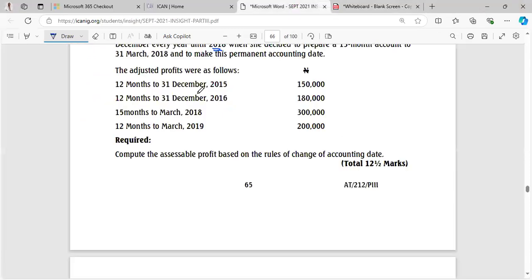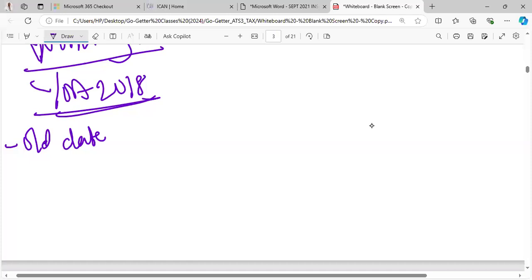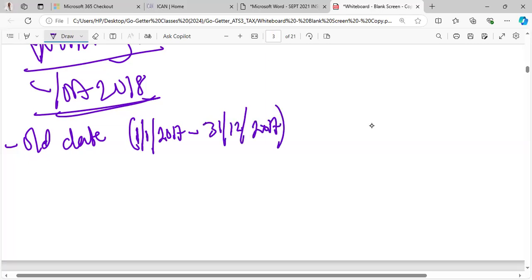Old date is from January to December 2017. So the old date will be January 1, 2017 to 31st December 2017.